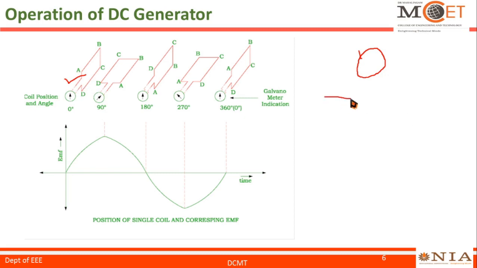The magnetic flux lines flow from the north pole to the south pole, that is, this is the north pole, this is the south pole, and with respect to theta 0 degrees, the coil sides are parallel.